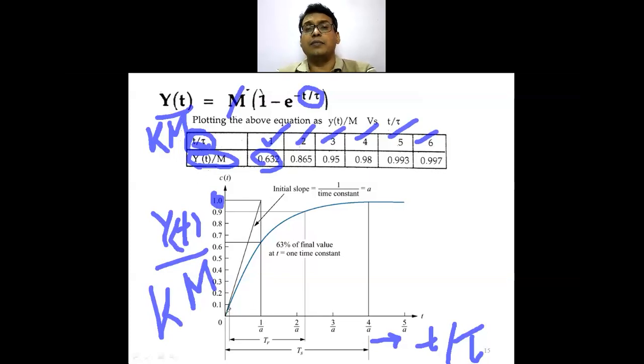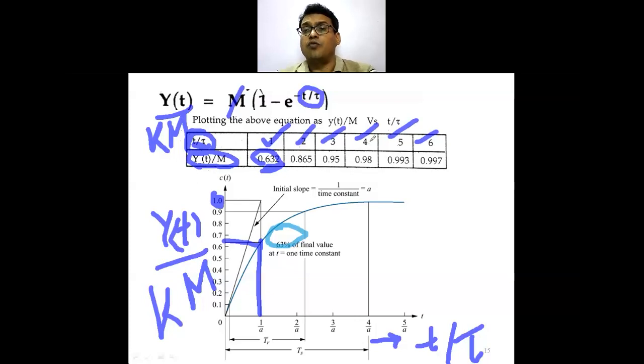So at time t equals to 1, it attains a value of 0.632, which is here. This is the value at t upon tau equals to 1, that means time constant and this t, they are 1. So this becomes your 0.632.